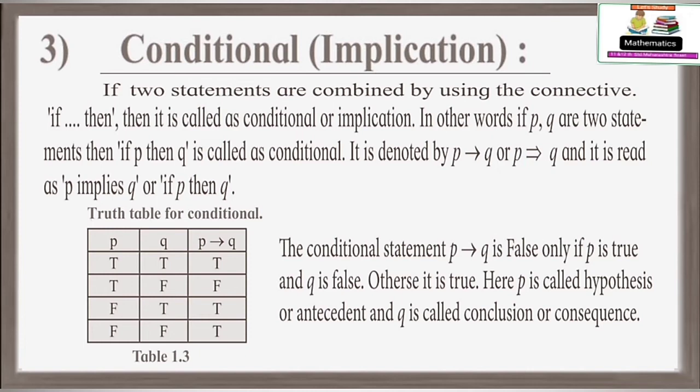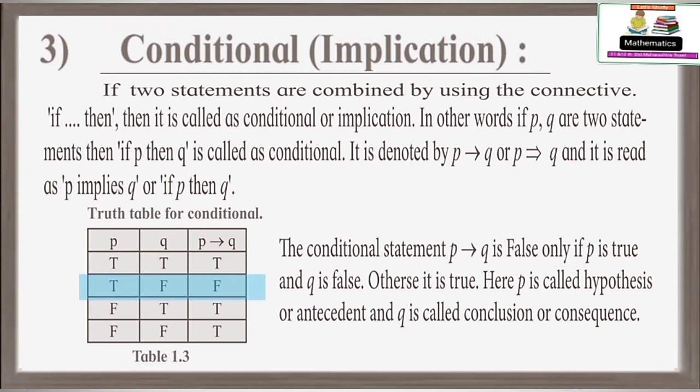Let's see the truth table for conditional. In the P column, the truth values are T T F F. In the Q column, the truth values are T F T F. Then P implies Q: if both are true, then P implies Q is true.